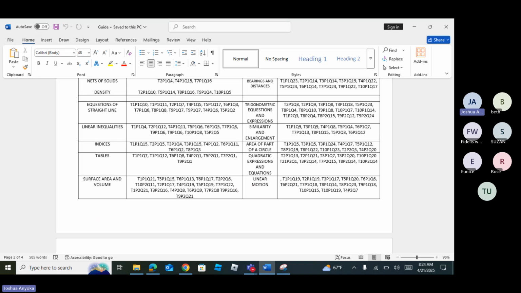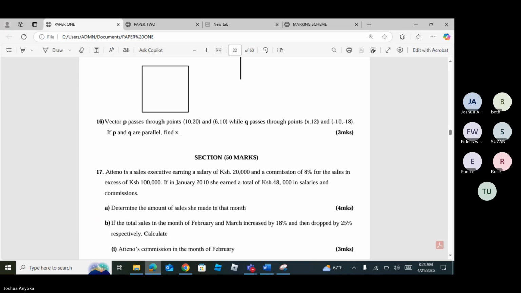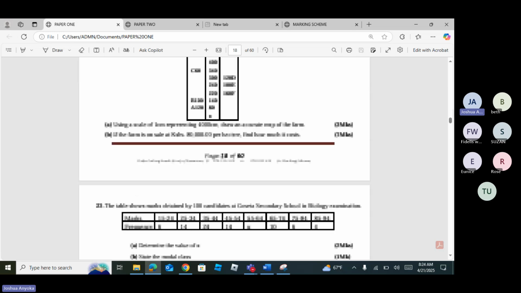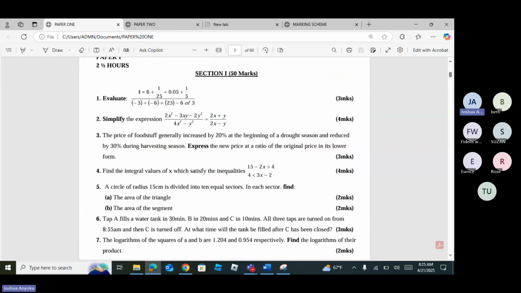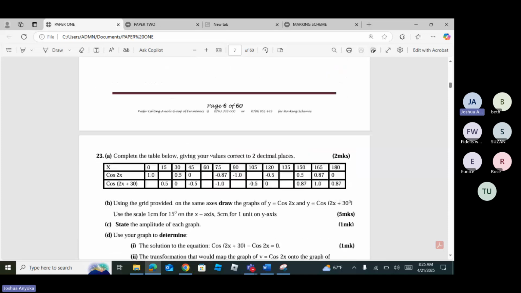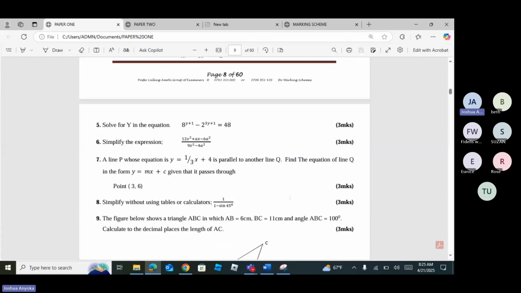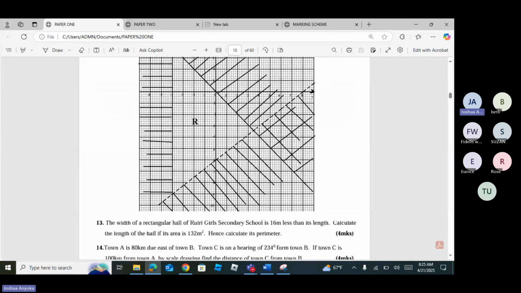Quadratic expressions and equations, I want us to address a question in trial 2 paper 1, question 13.